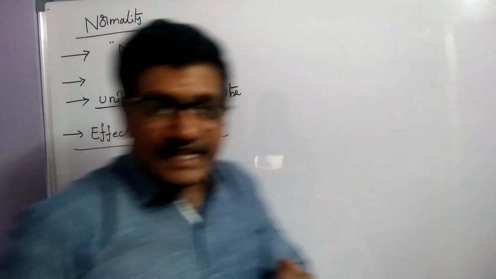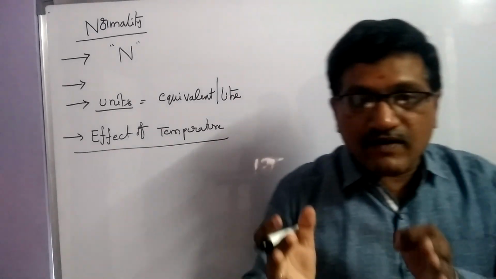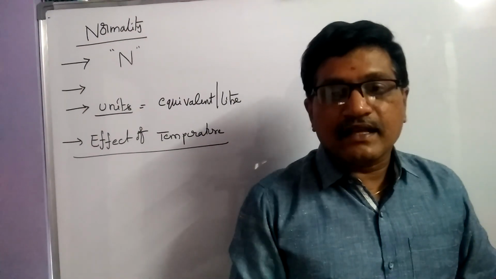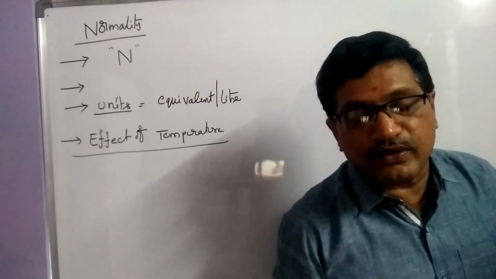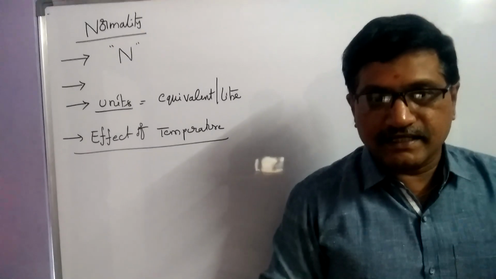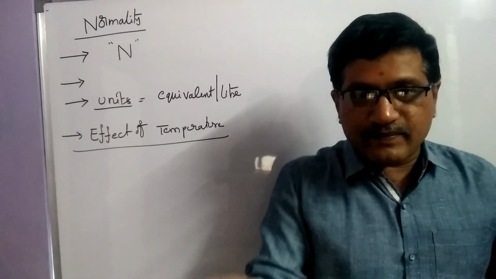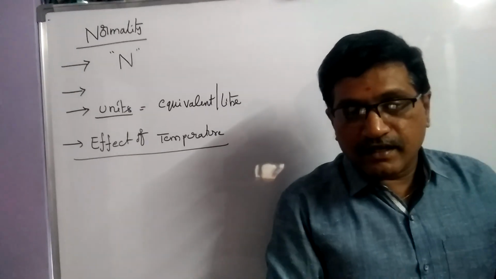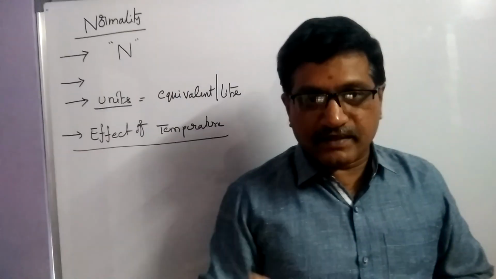As temperature increases, volume of the solution increases. If this happens, concentration of the solute decreases. It means normality decreases. I repeat, as temperature increases, volume also increases based on Charles law concept.